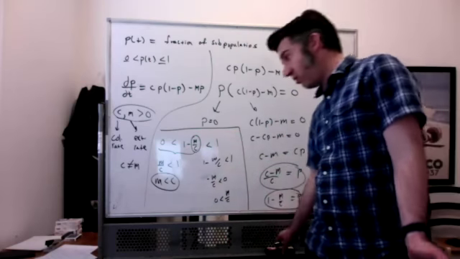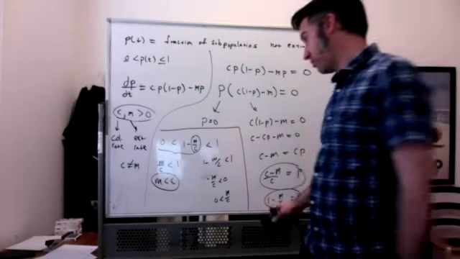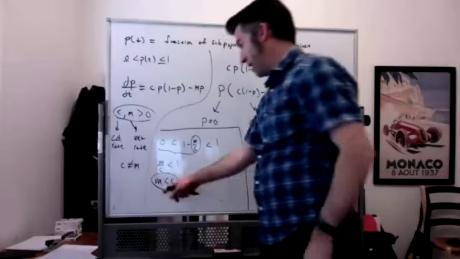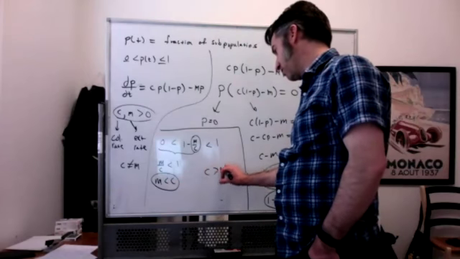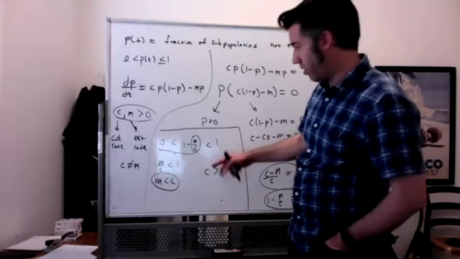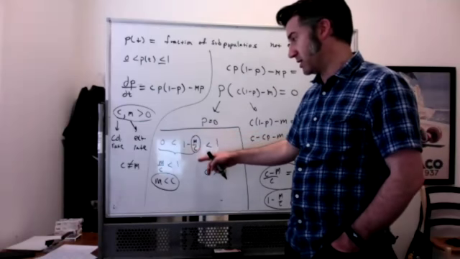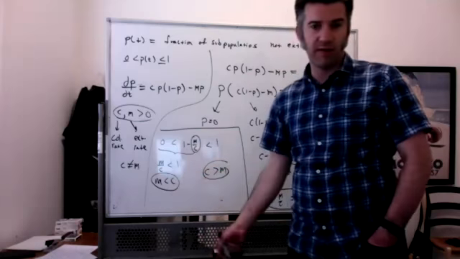No matter what M and C are, as long as they're both positive, that part is true. So the only part that we really need to be true is that M has to be less than C, or that C has to be bigger than M. Basically so that this fraction is smaller than 1, so that 1 minus it is still bigger than 0. So either way of writing it is fine.